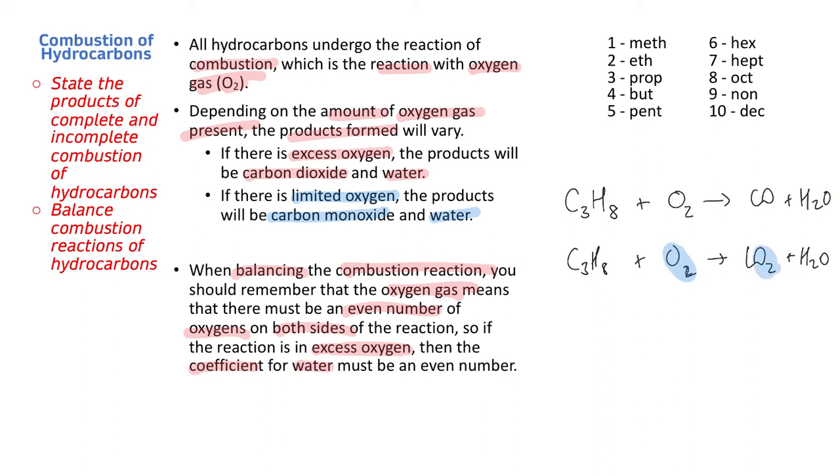The CO2 also means that whatever the coefficient, you're going to have an even number of oxygens from the carbon dioxide. But if the coefficient of the water is an odd number, it will produce an odd number of oxygens, and that's not going to be able to be balanced. So the coefficient has to be an even number when burning something in excess oxygen.